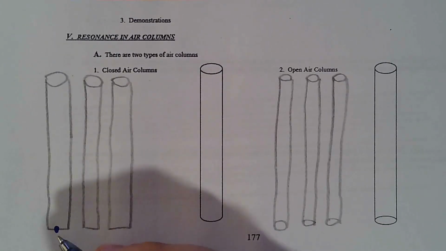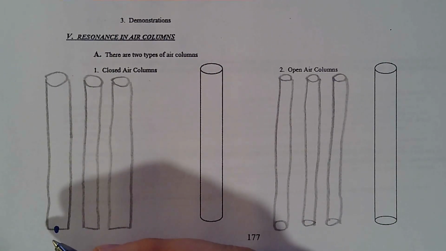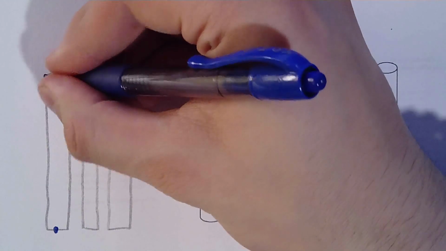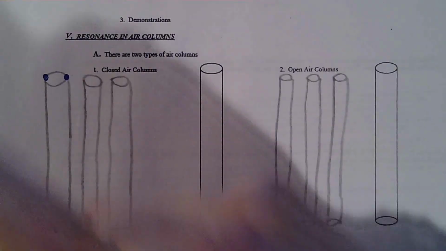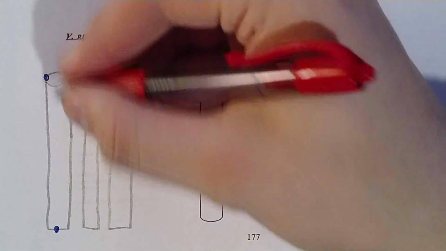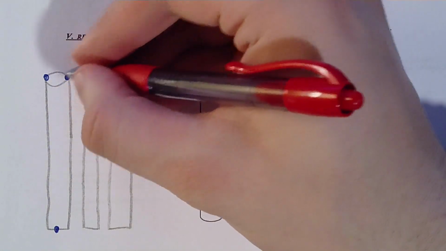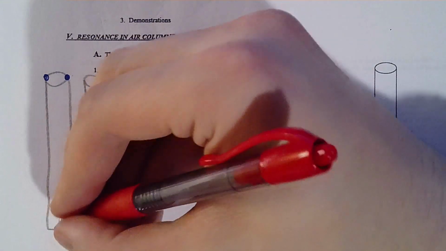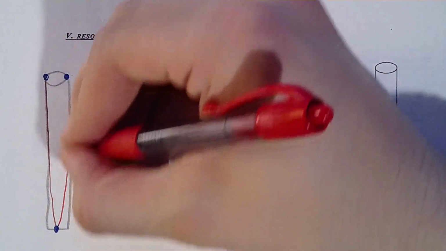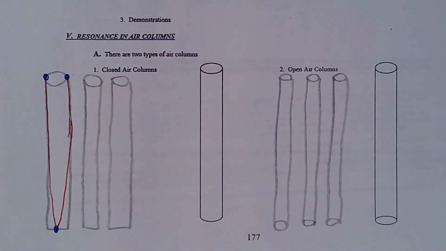This is a place where no movement will occur, because it's a wall. That being said, up here in the open side, well, things can move as much as they want. It is open to the air. What this means is we have a standing wave that has an antinode at the top and a node at the bottom, thus creating a wave like this.